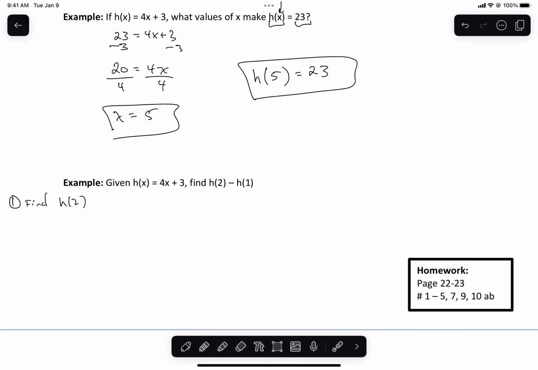Okay. So h of 2. h of 2 is going to equal 4 times 2 plus 3. 8 plus 3. h of 2 is equal to 11. Are we happy?